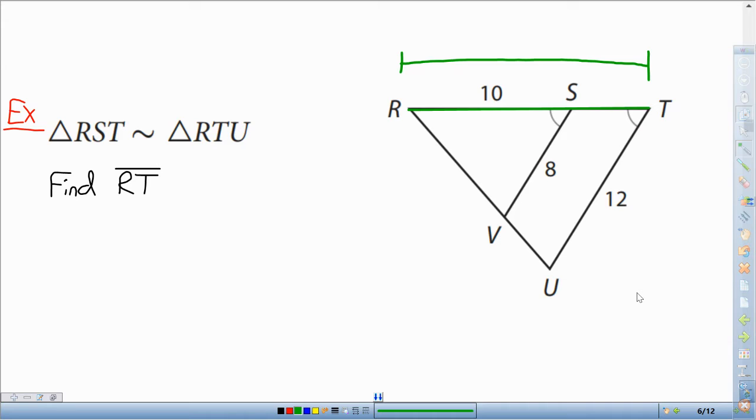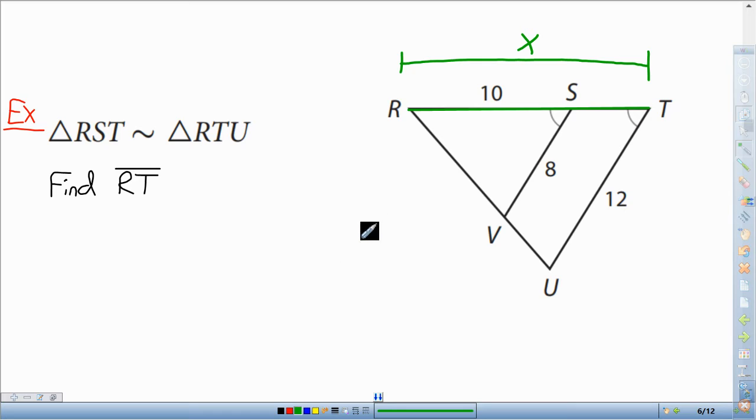So to find missing side lengths, we're going to make a proportion just like we always do. Here's kind of the thing about it. RT, this entire side length, we can call x. So this whole thing is called x, even though they're overlapping one another.